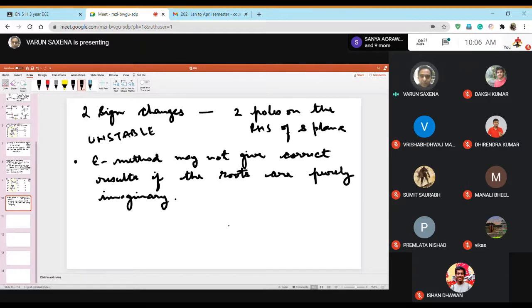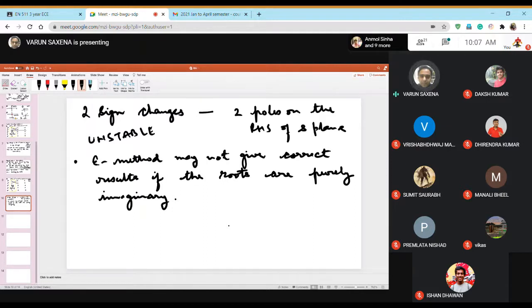It could be that a pole on the imaginary axis tends to move towards the left hand side. So the system may turn out to be stable, but essentially it is not stable. It is marginally unstable or completely unstable. So those kind of things are there.